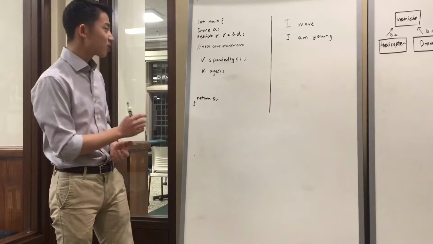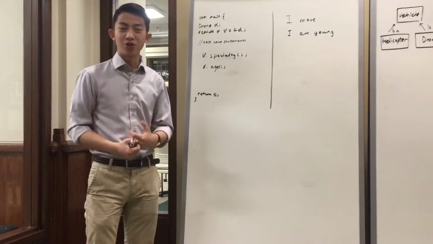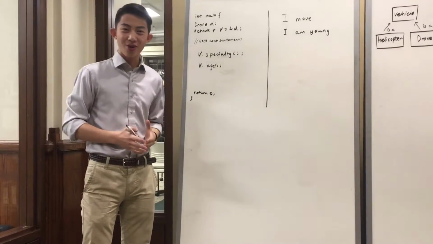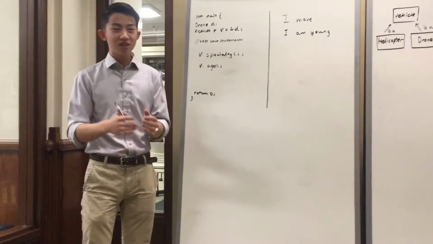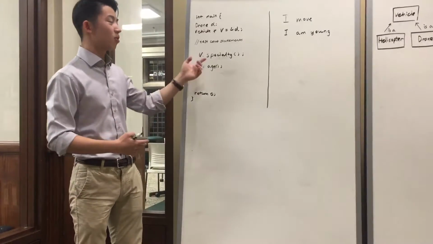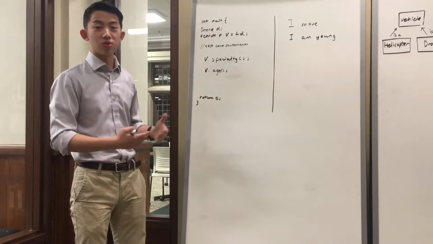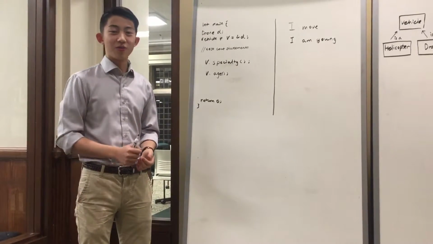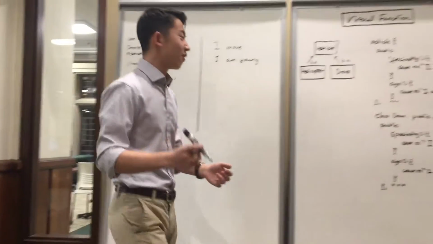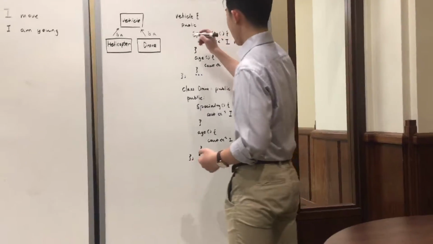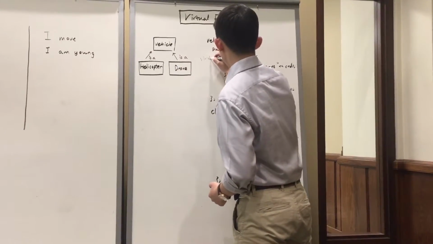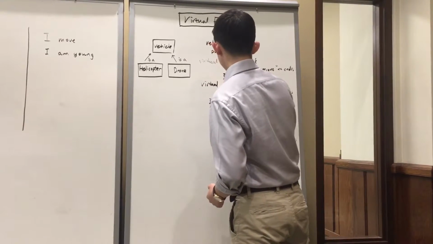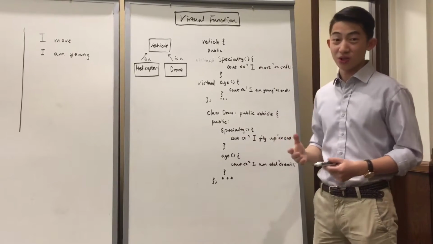So how do we solve this problem in general? A good way would be if we had this magical power to tell the compiler to delay determining which version of specialty and age to choose until runtime. That could be pretty hard, but this is when virtual function comes in. If we declare specialty and age as virtual, this allows what I just said to be true.